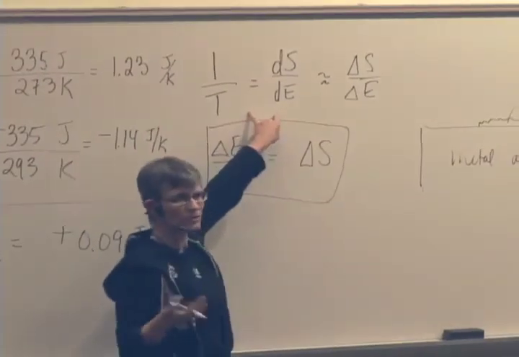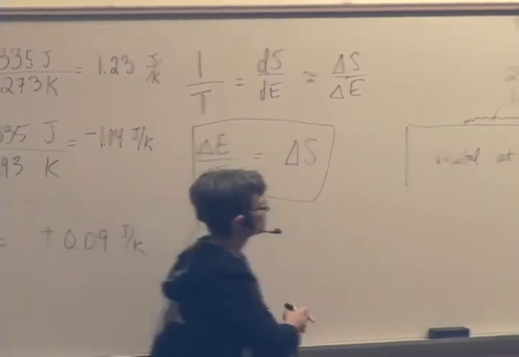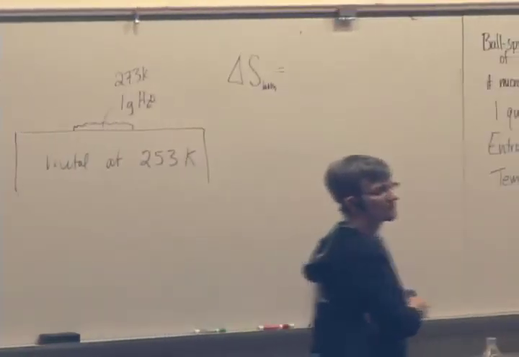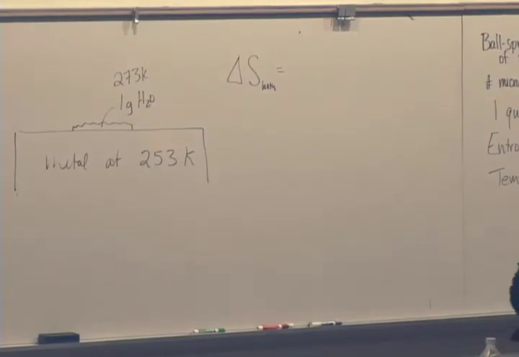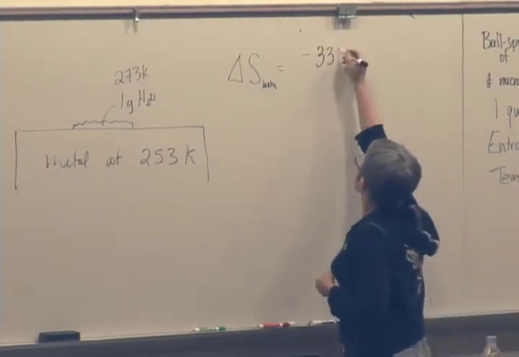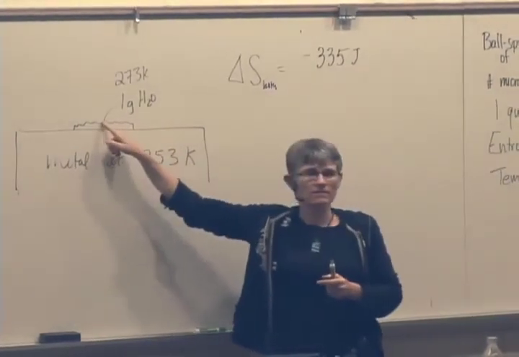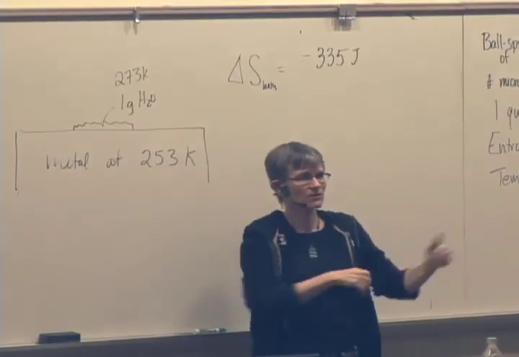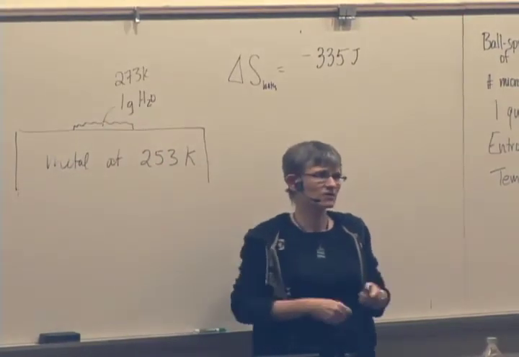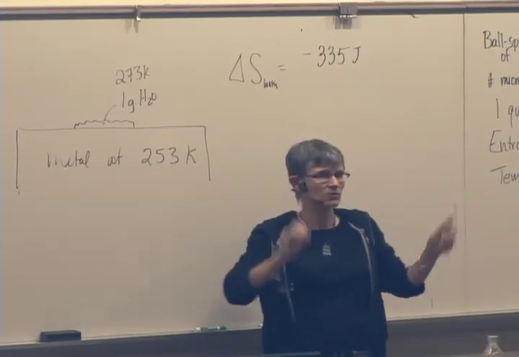That works as long as the temperature is not changing. So what numbers do I put here? No, negative 335 joules. Because in order to freeze, it's melting backwards, isn't it? Yeah, so if it takes 335 joules per gram to melt it, it has to give up 335 joules per gram to freeze.